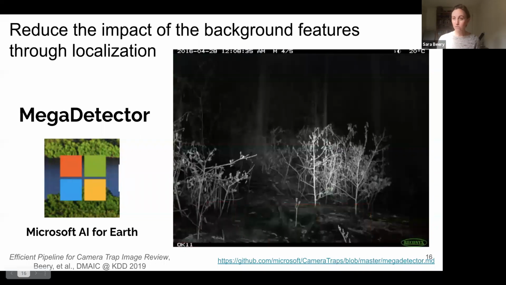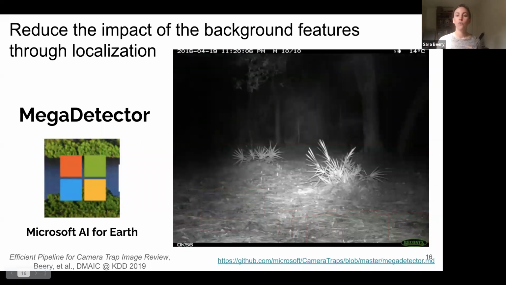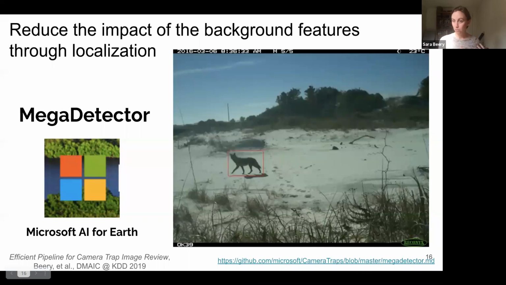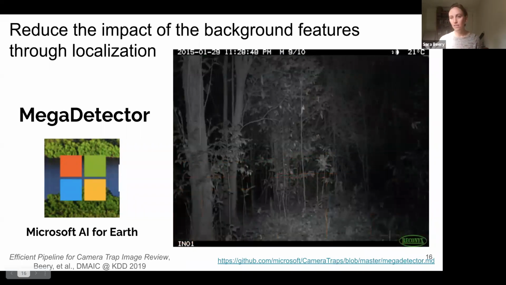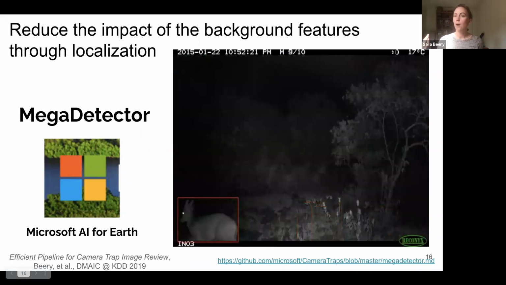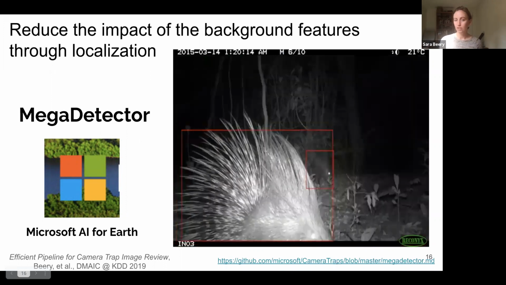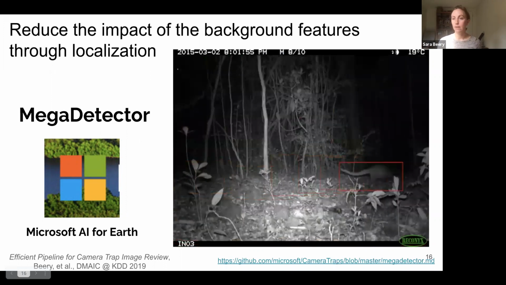What we also found that was very interesting is that though the classification part of the problem generalizes pretty poorly, and even with localization there's still a big gap, we saw a much smaller gap in generalization for just localization of animals.